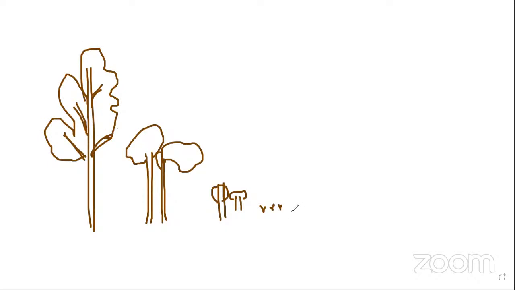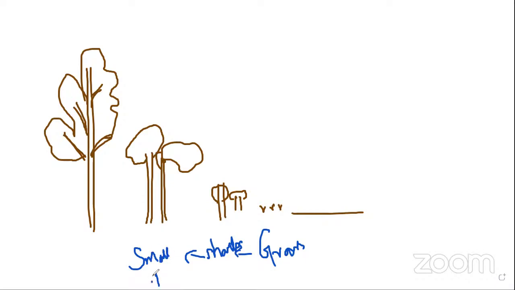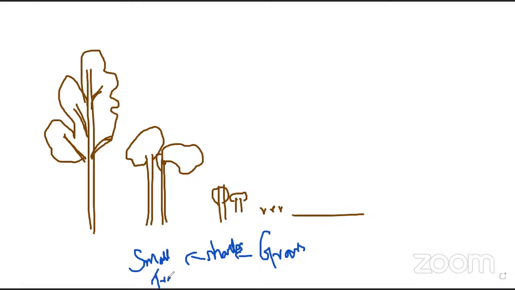Starting from here, there is land, here grasses, and the next one is called shrubs, and then the next, small trees. This one is large, isn't it?